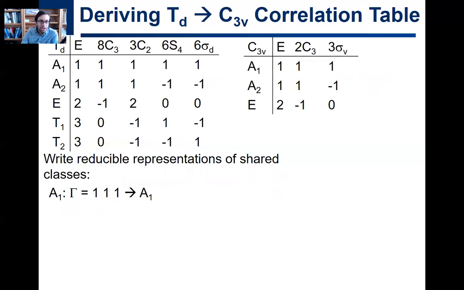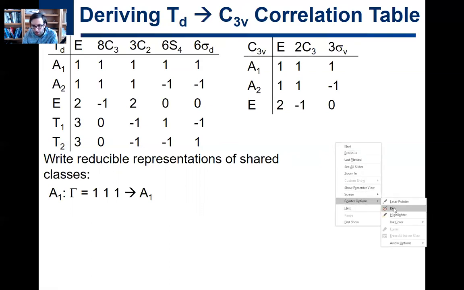So first, starting with A1. A1 in C3v, we have the character is 1, 1, 1, right? In Td, let's go back. Okay, so A1 in Td, if we look at C3v, we have an E. Let me use the pointer here.